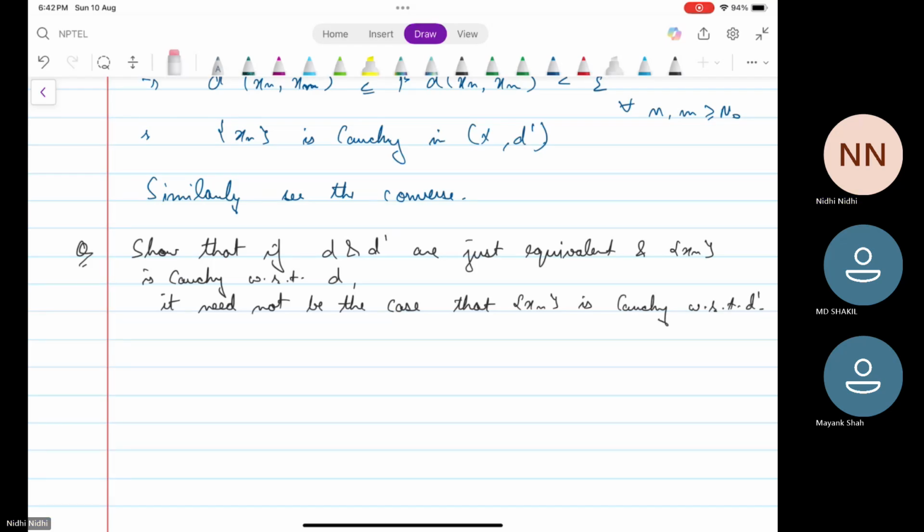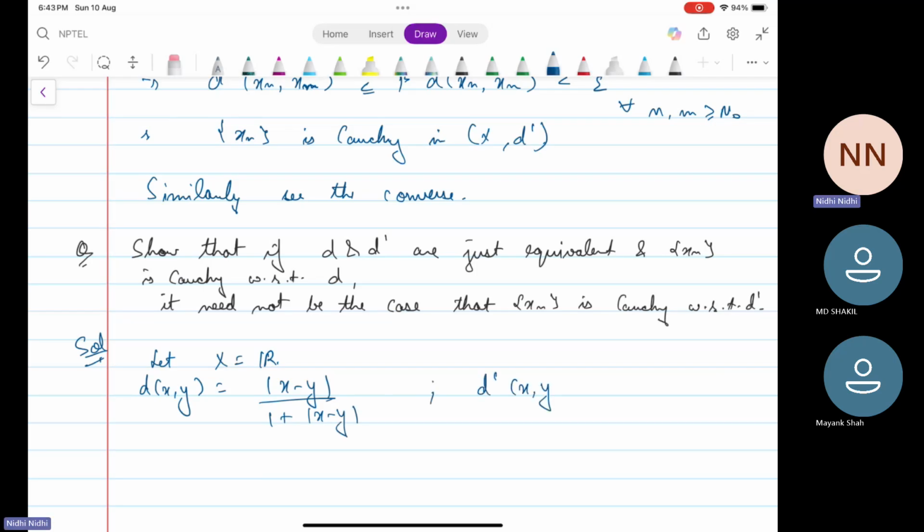With respect to this bounded metric, any sequence is always bounded, and that will give us some issue. So if I consider X to be R and define D(x,y) equals mod x minus y upon 1 plus mod x minus y, and D prime (x,y) is just the normal distance, mod x minus y.